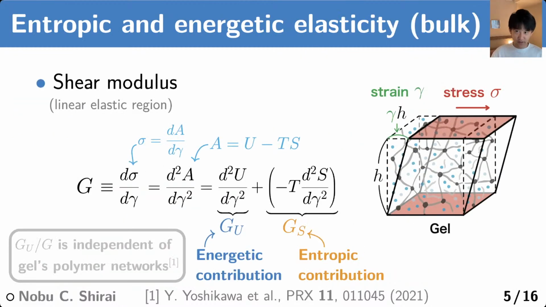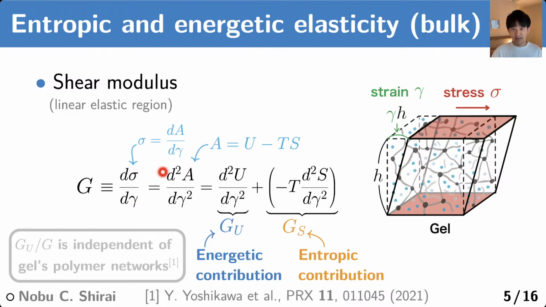So it's better to clearly define the decomposition into entropic and energetic elasticity using equations. G here is the shear modulus as shown in the figure. That can be obtained by the derivative of stress sigma with respect to strain gamma.